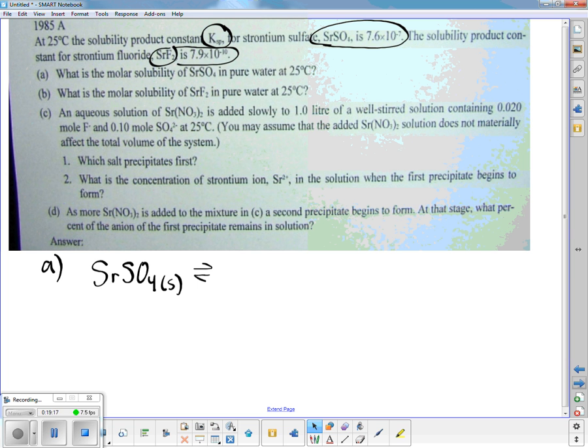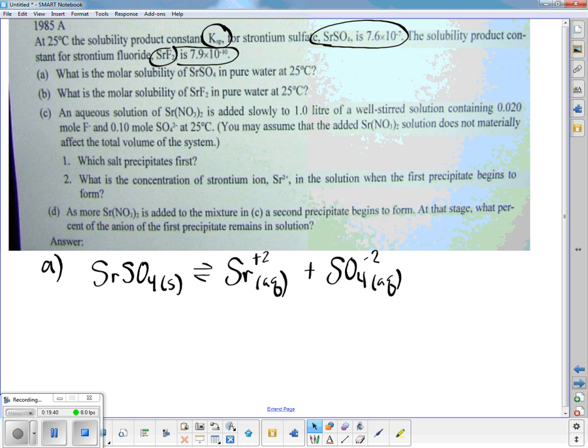What column is strontium in? It's in the second column, so it's going to be a +2, right? And that's going to be aqueous because it's a cute little ion. So that leaves what? Sulfate, which hangs together, SO4 as a -2, another cute little ion.